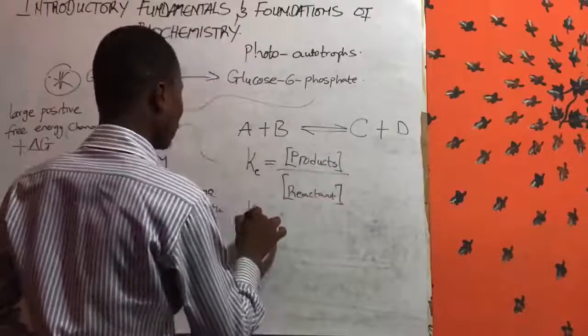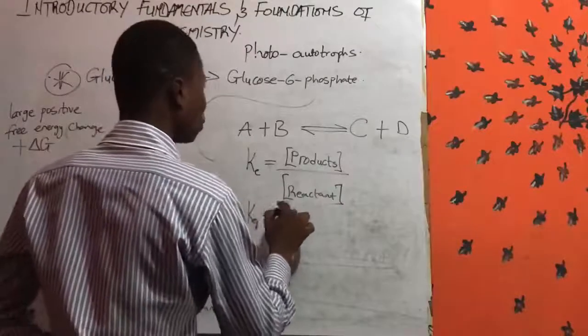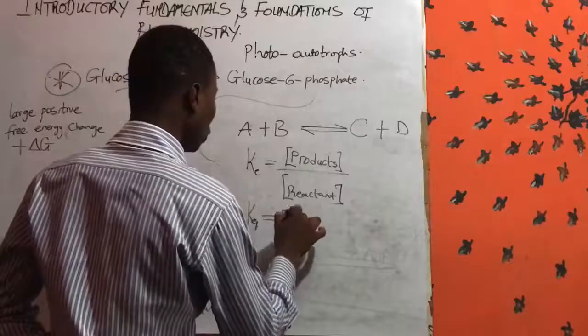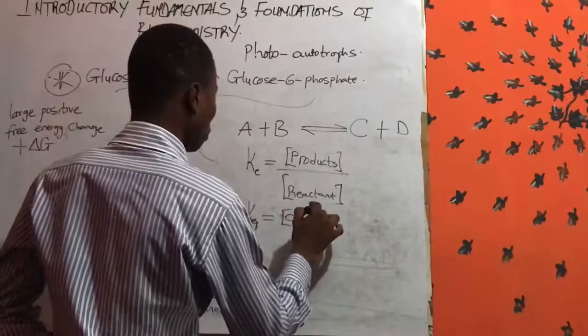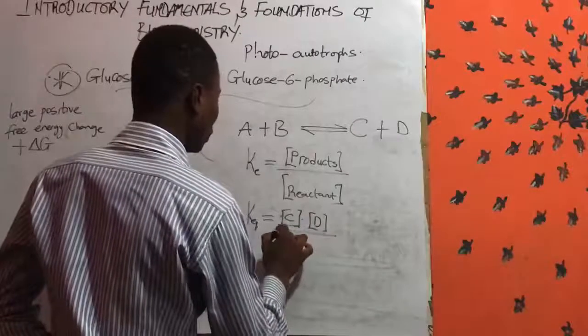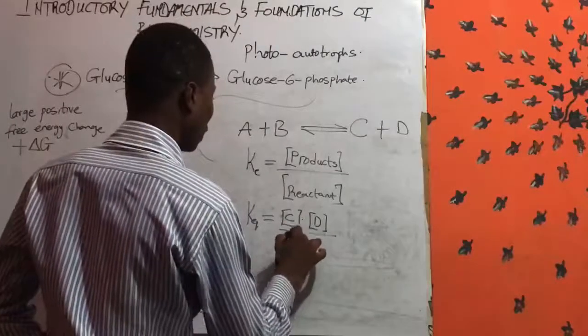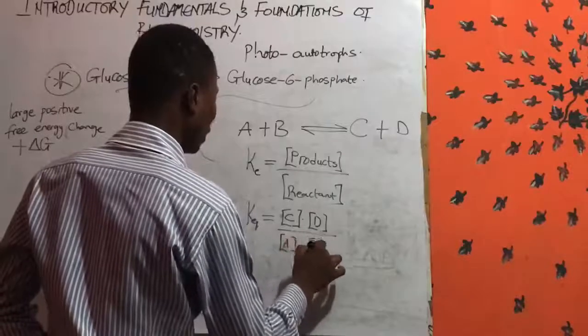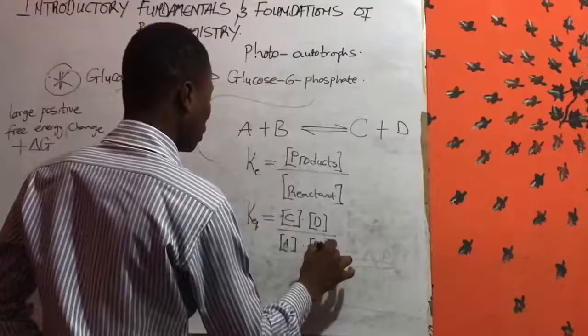So my KEQ here will be the concentration of my C multiplied by the concentration of my D all over the concentration of my A multiplied by the concentration of my B.